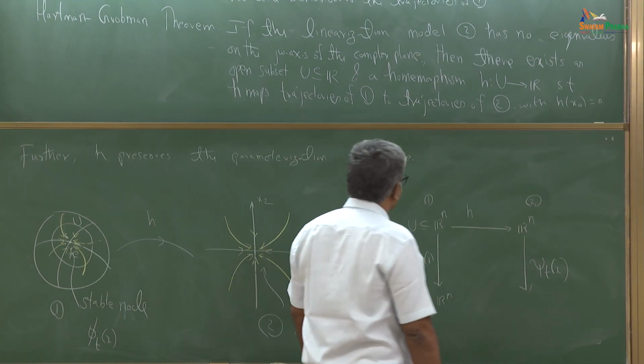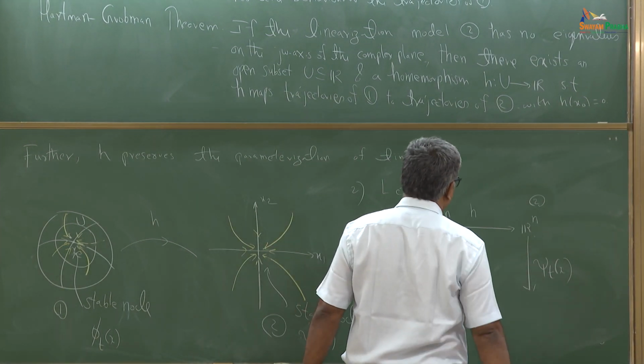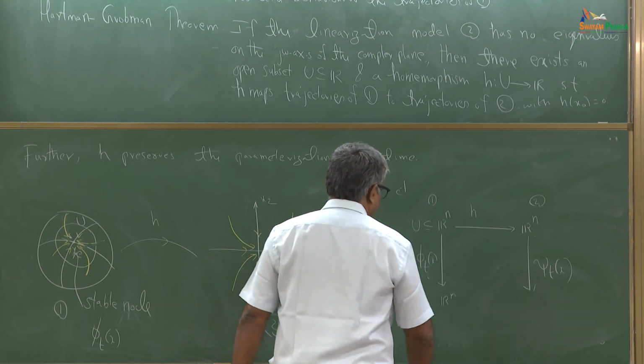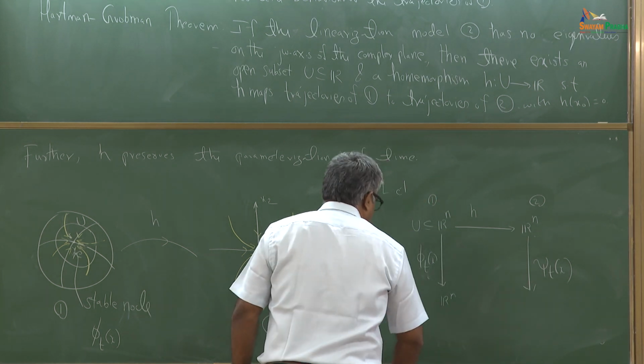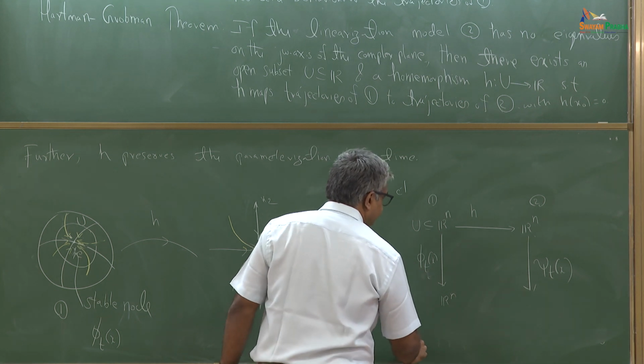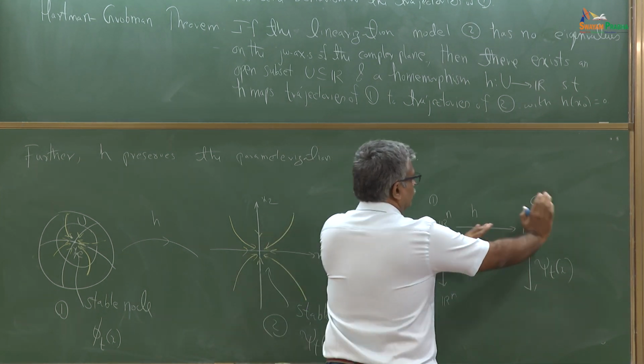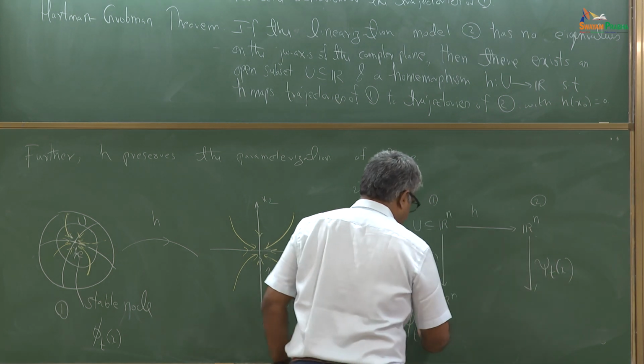Now, because there is a homeomorphism from here to here, what I can write is that phi t of x goes to this space by h, right?